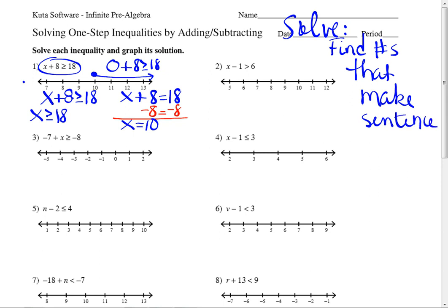That's what I want to do. I can't list all the numbers that make these sentences true. They're inequalities, so I can't list them all, so I draw a picture. That's what that picture means. And when you graph a line, that's a picture of the ordered pairs that make that equation for that line true.